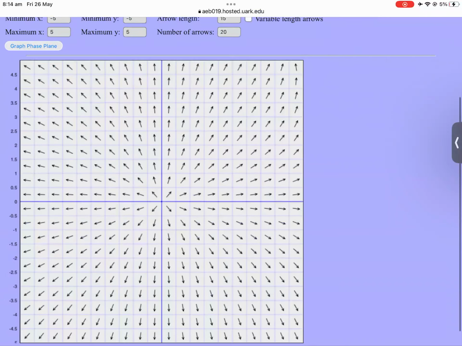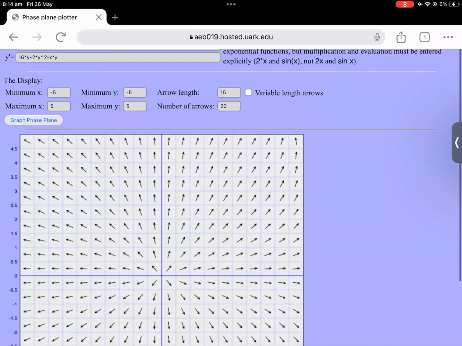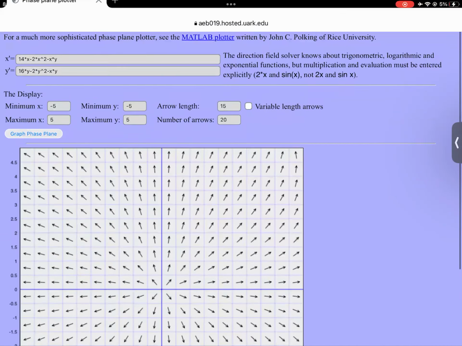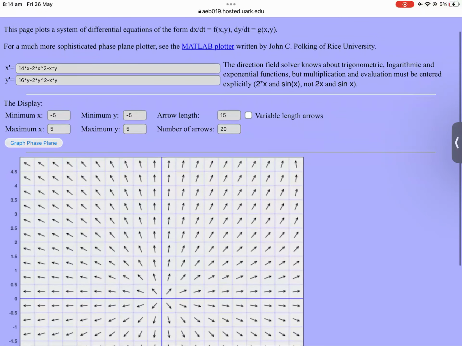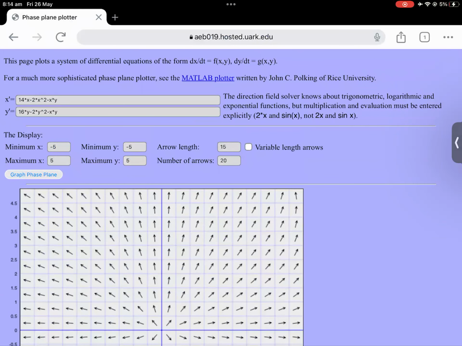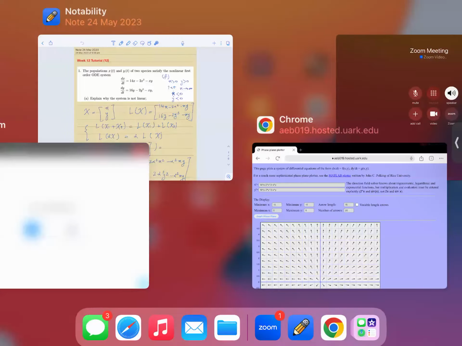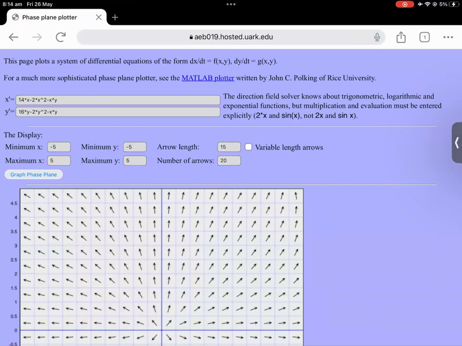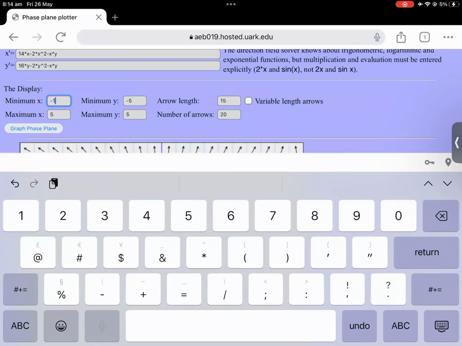All right, so it seems that it shows only 0, 0. But it should show something else as well. All right, let's go to the question, and we can come back here again. You need to change the min and max of x and y value. Yeah, you are right. Thanks, mate.